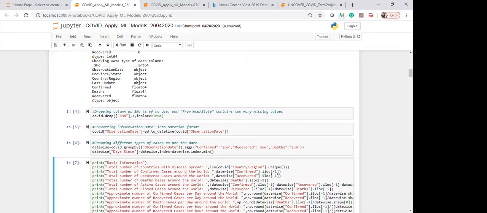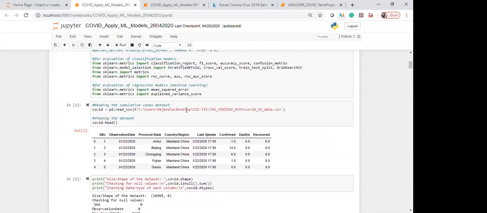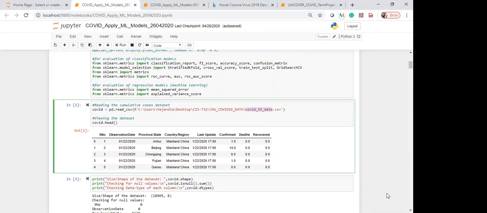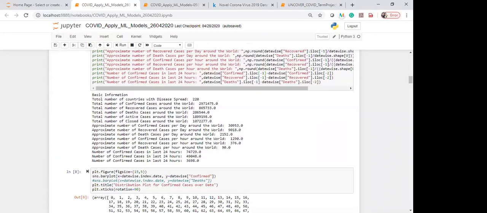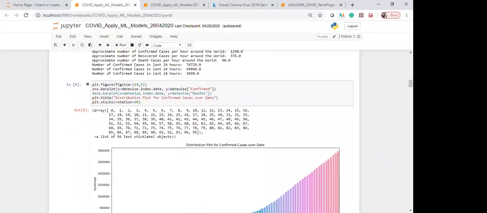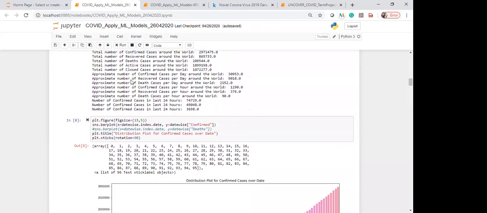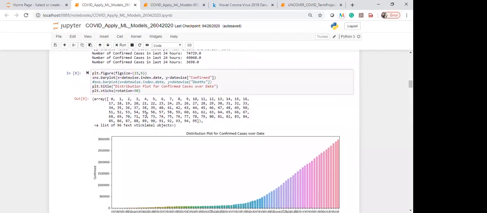This data set I imported yesterday. It is updated as of yesterday, May 5th. I am hoping this is the latest I could download from Kaggle. And then I try to visualize the data here.